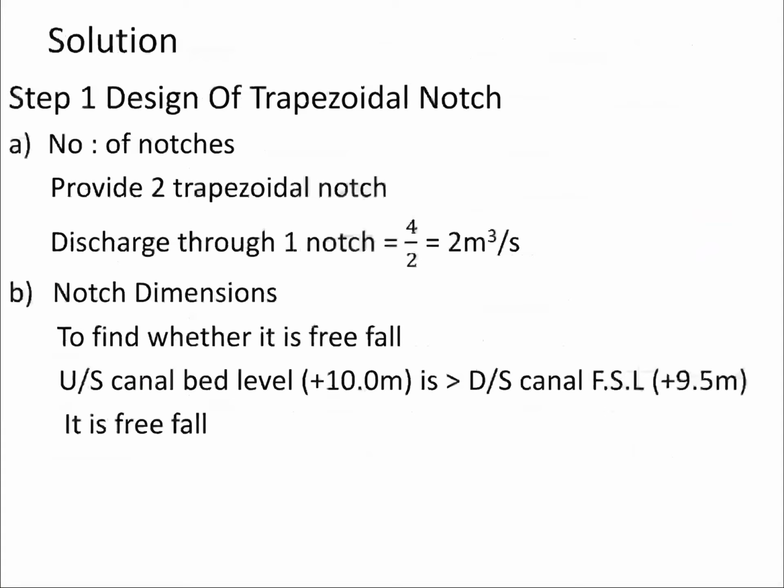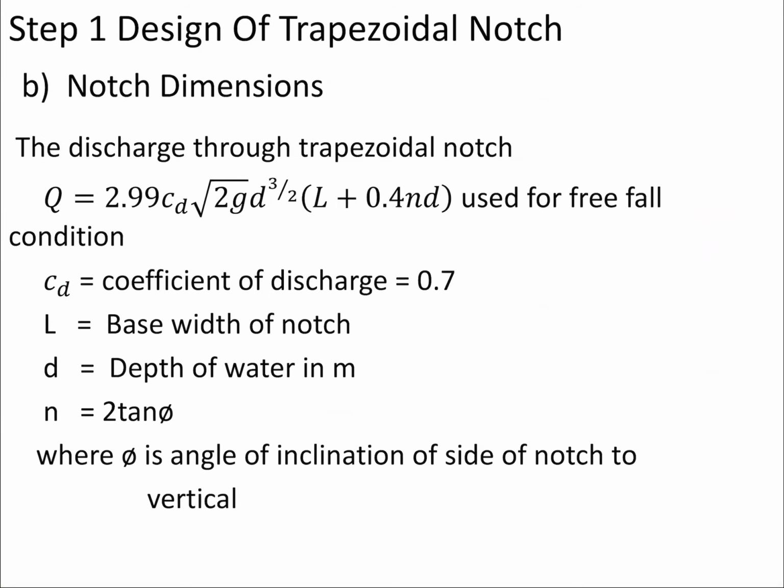To fix the notch dimension, we should find first of all whether it is a free fall or submerged fall. So if the upstream canal bed level is greater than the downstream canal full supply level, then it is free fall. Here the upstream canal bed level is plus 10 meter and downstream canal full supply level is 9.5 meter. So there is a free fall condition.